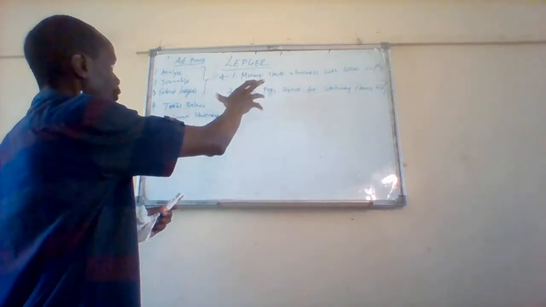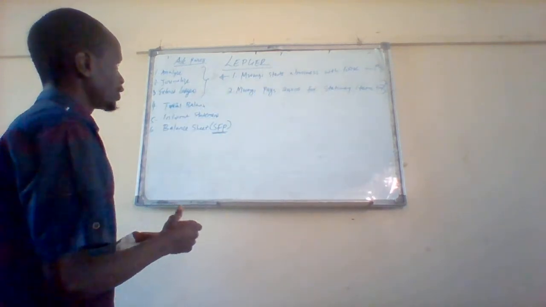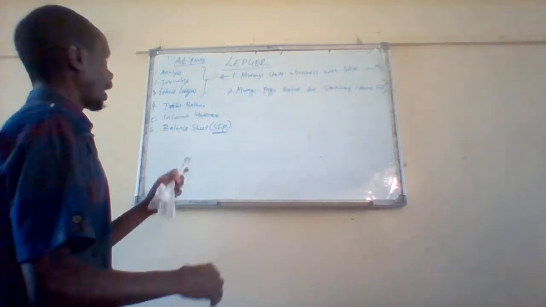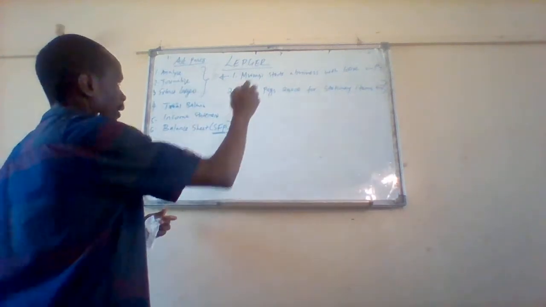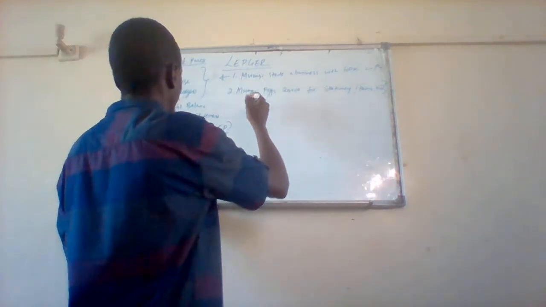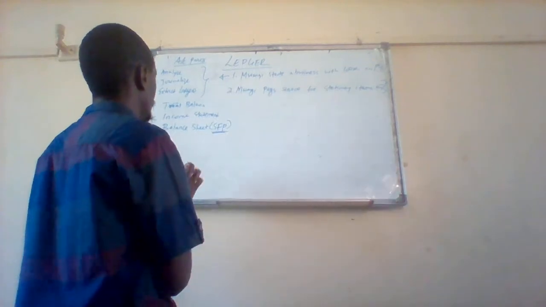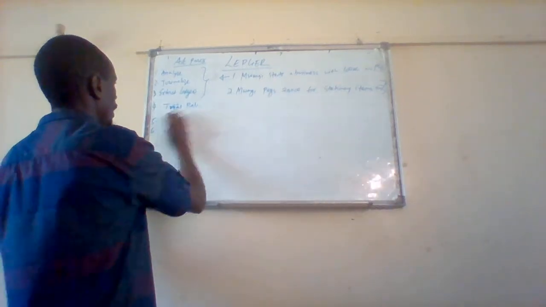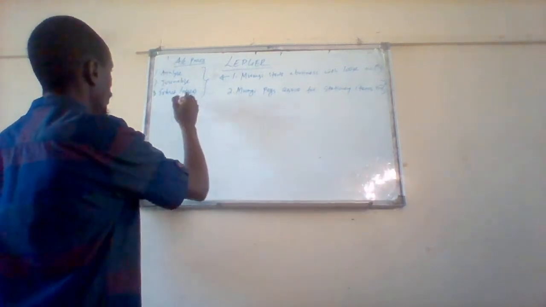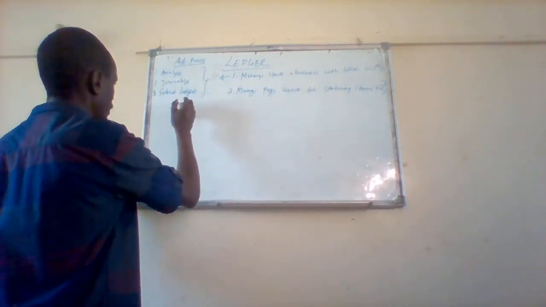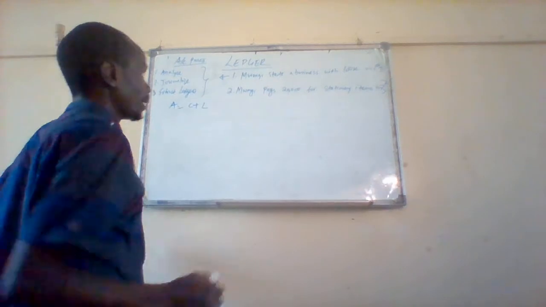Now, how do we extract ledgers? How do we do our stuff up to this point? Now, the first thing here is that if this one happens, so let me just wrap this and cover this. So when this one happens, we will first analyze. So asset is equal to capital plus liability.